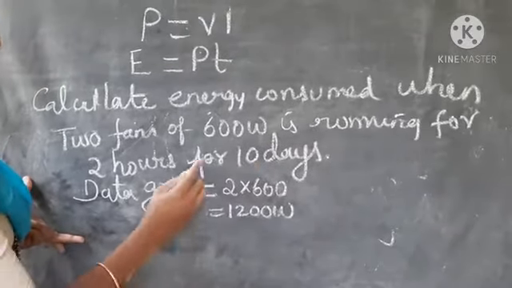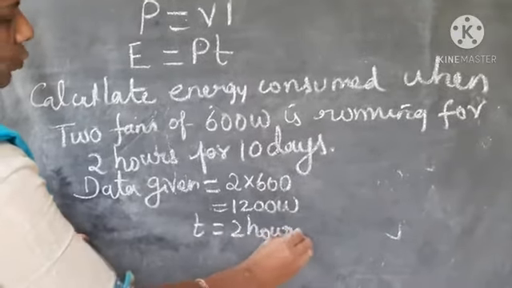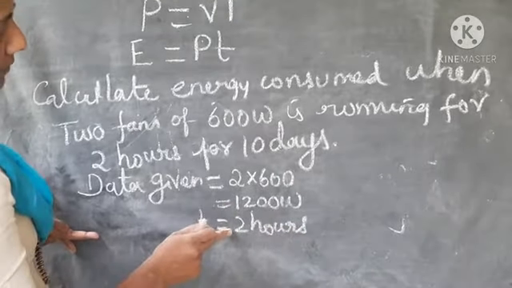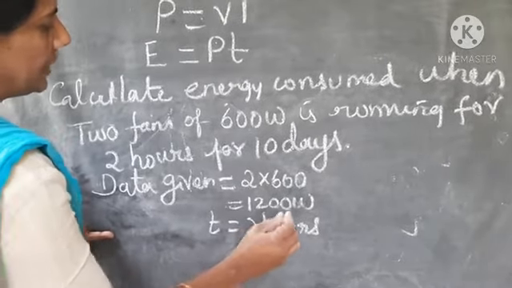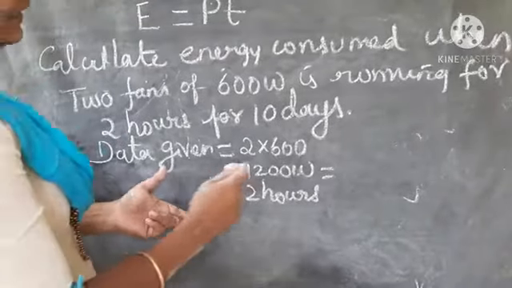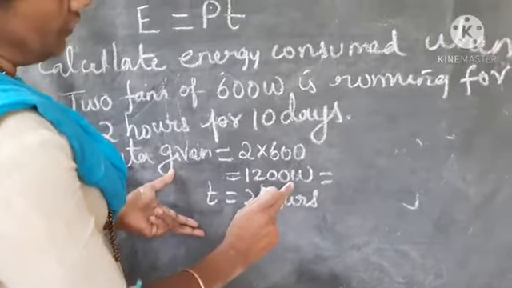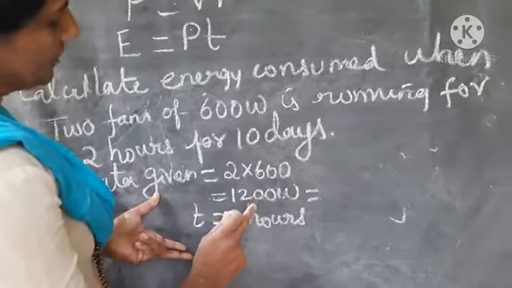And time is given, it is 2 hours. While solving this problem, if the unit is given in watt, you have to convert it to kilowatt, because kilowatt hour is the standard unit for energy. How will you convert watt into kilowatt? You have to divide it by 1000.